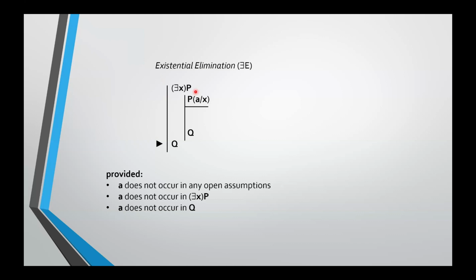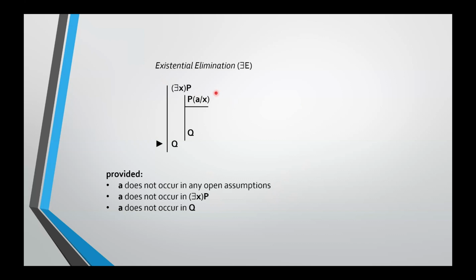And to make sure that it's a new name, that there's no information you already have about it, you have these two provisos that you have to satisfy. It can't occur in any open assumptions, so you can't have any information specifically about that constant, and it can't occur in the existentially quantified sentence, because then too you would have information specifically about it.